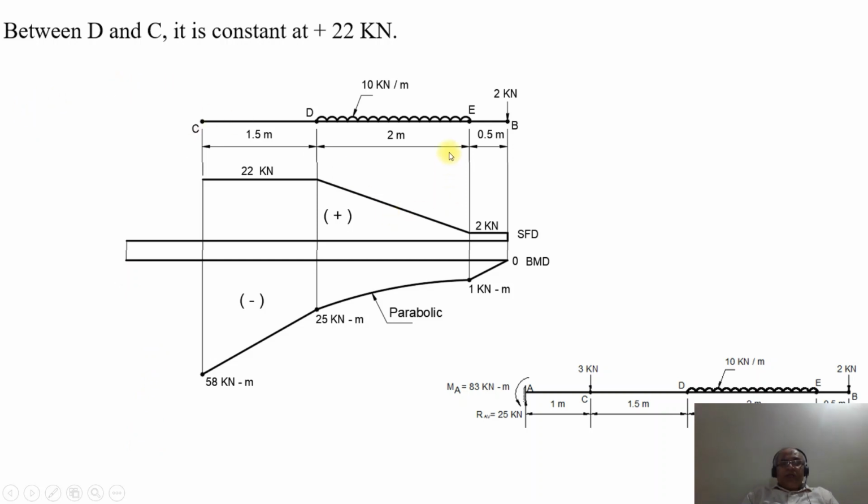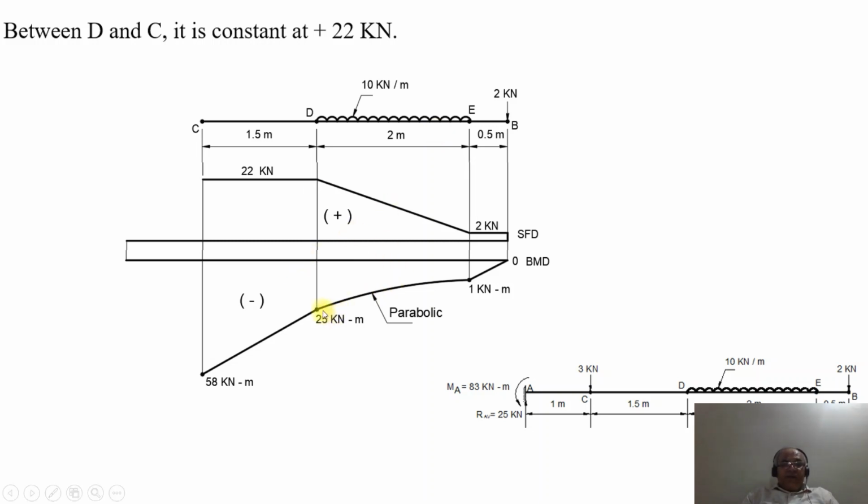To do that, the bending moment at the point C will be equal to minus 2 into, that is 2 plus 1.5 plus 0.5, which becomes 4 meters. So that is minus 2 into 4, then minus 10 into 2 into 2 by 2 plus 1.5. On simplification, you will get minus 58 kilonewton meter.